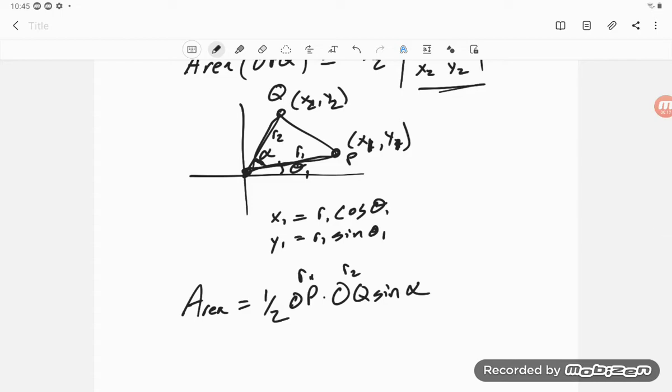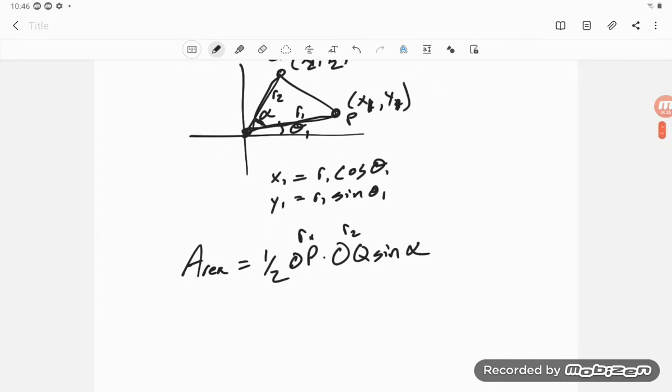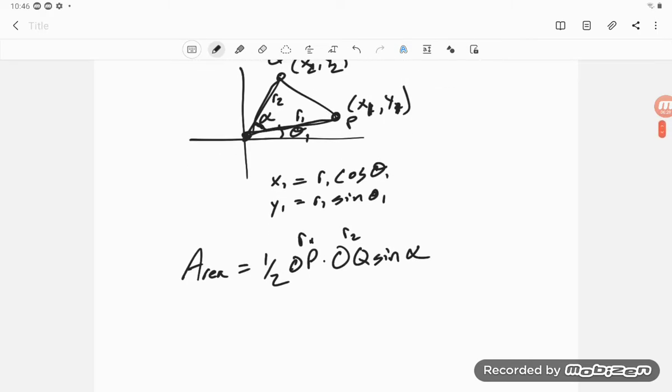Well, that's something to look up. Are you convinced that's the area? I believe that's coming from the law of sines. Off the top of my head, I would have to work through this to believe that, yes, that's the area, but we'll go with it.